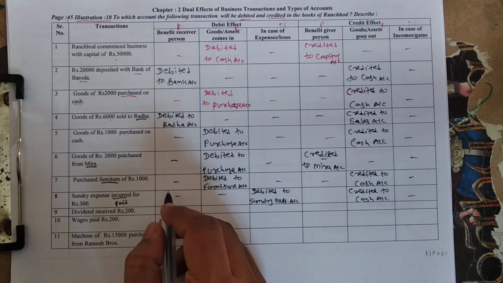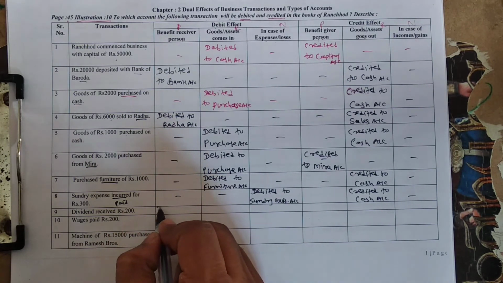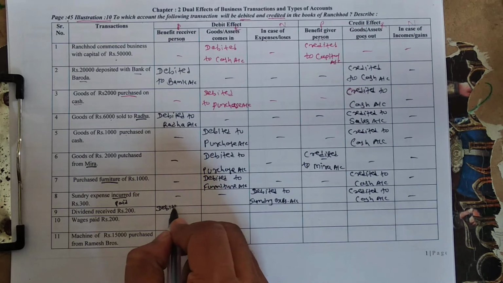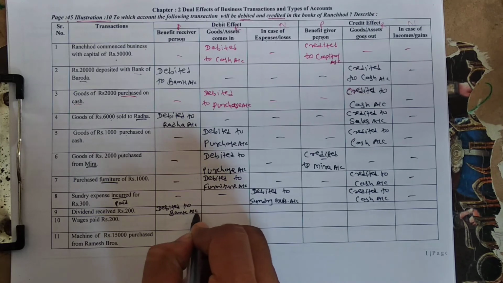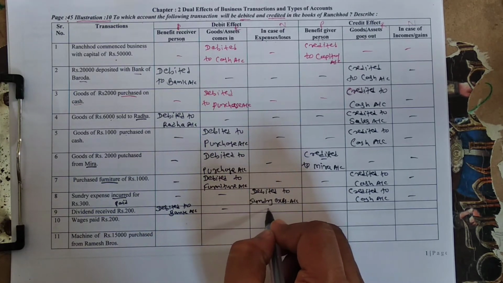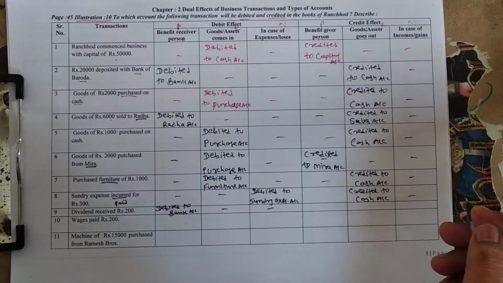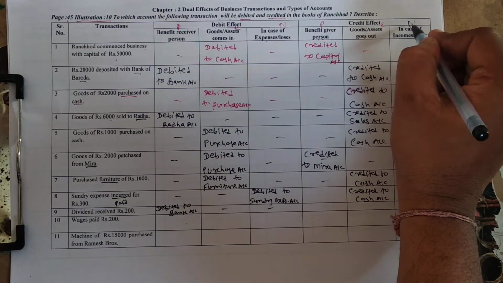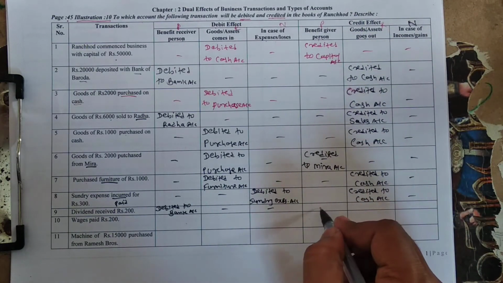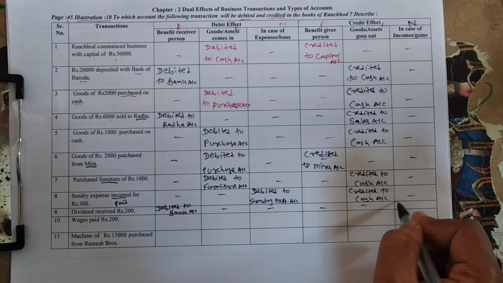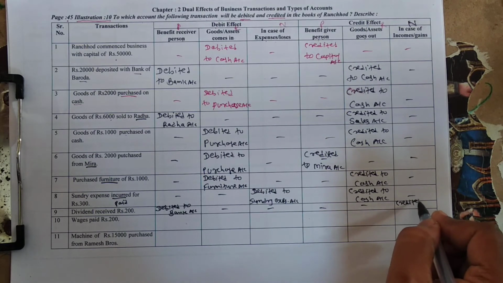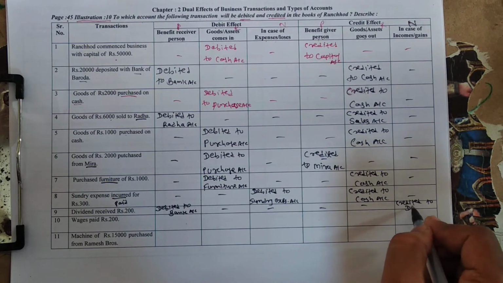So the first effect is benefit receiver bank, debited to bank account, right? And what will be the second effect? You can see that dividend received is an income. Income means nominal account. So credited to dividend account in the last column, nominal. Credited to dividend account.